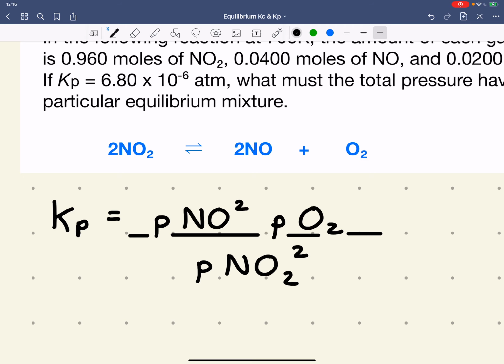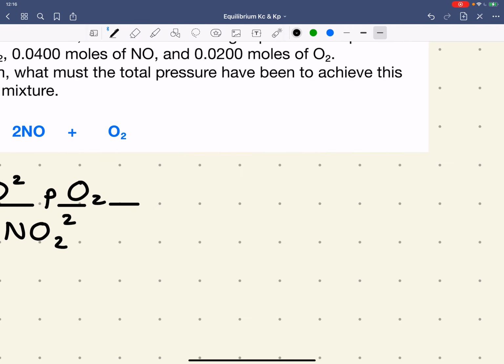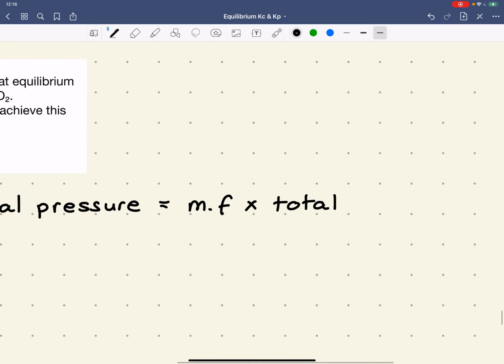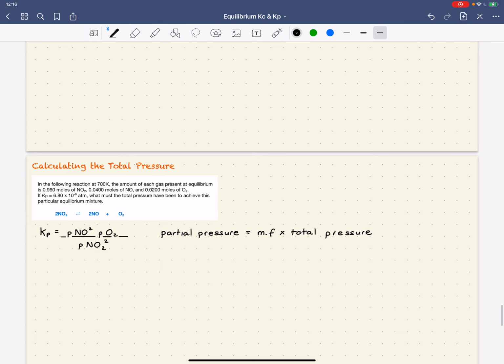Now remember, it's very important to remember that partial pressure is equal to mole fraction times total pressure. And it's the total pressure that we want to find out.